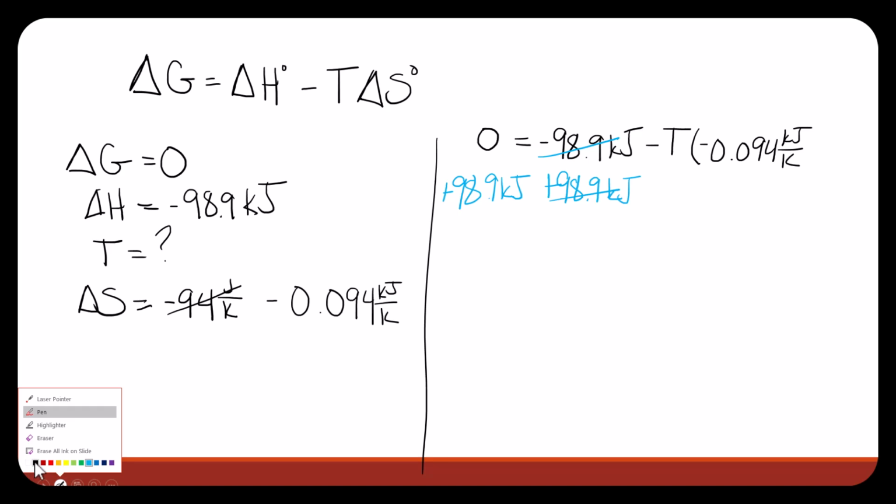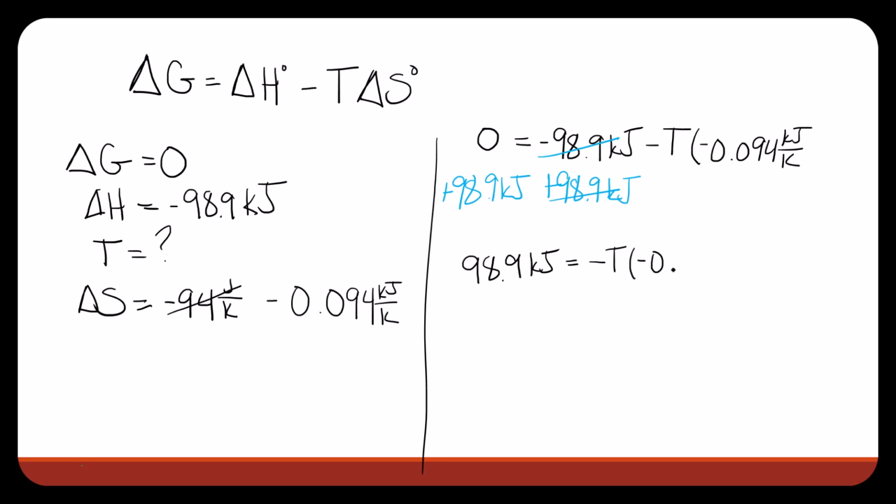So cleaned up, this is going to be 98.9 kilojoules equals negative T times negative 0.094 kilojoules over Kelvin. All right, so I'm going to get this temperature by itself.